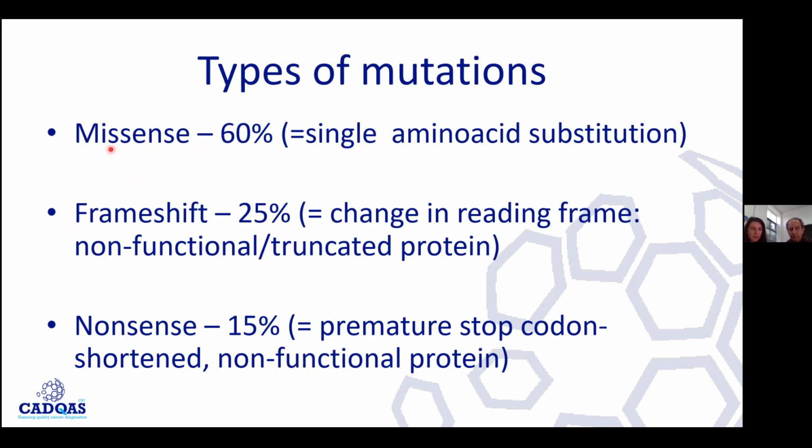So a missense mutation can have any functional effect on the protein. Then you have frame shift and nonsense, which can show either cytoplasmic staining or no staining. And frame shift comes from a change in reading frame.